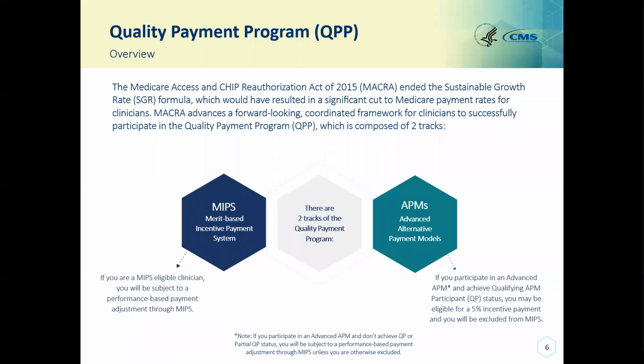But our other track is our Advanced Alternative Payment Models. If you participate in an Advanced APM and you achieve qualifying APM participant status, so you achieve QP status, you may be eligible for a 5% incentive payment and excluded from participating in MIPS.